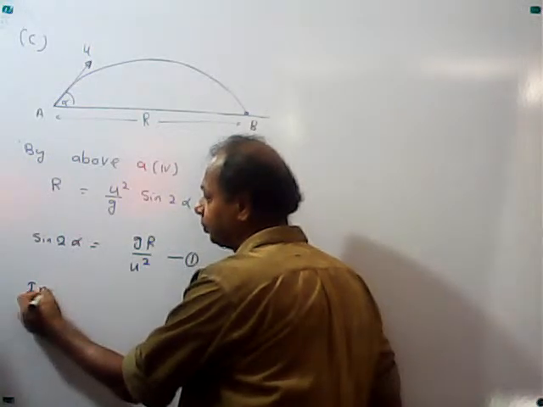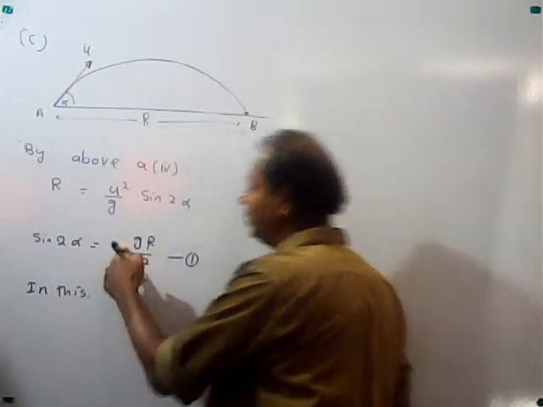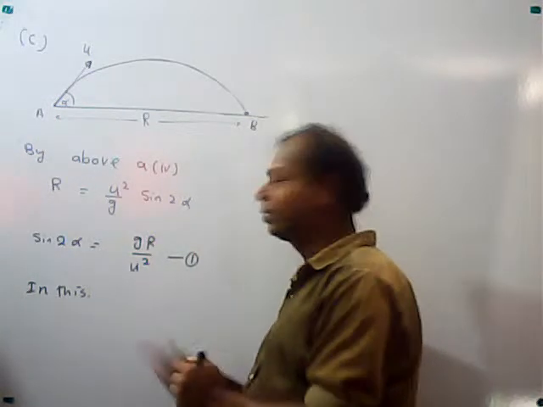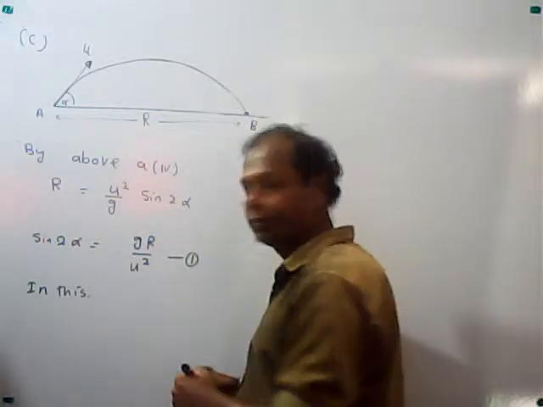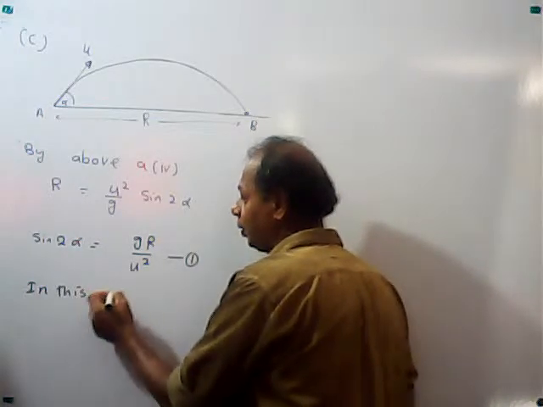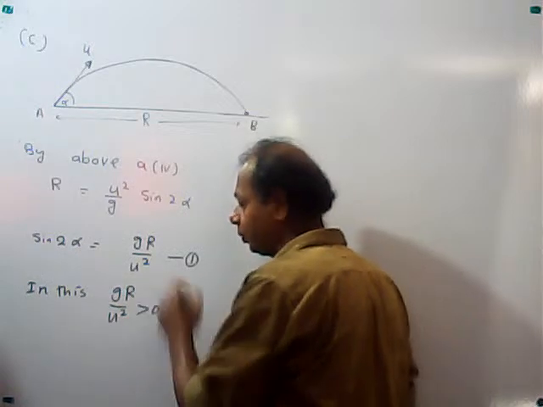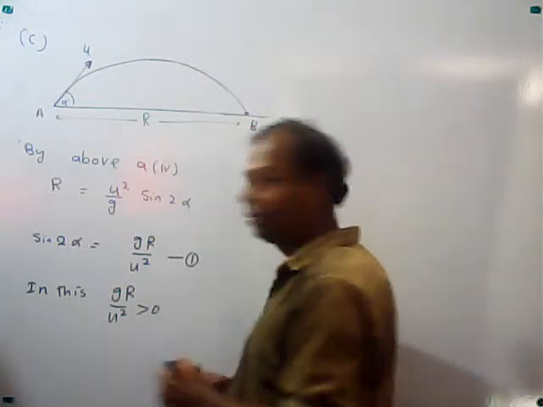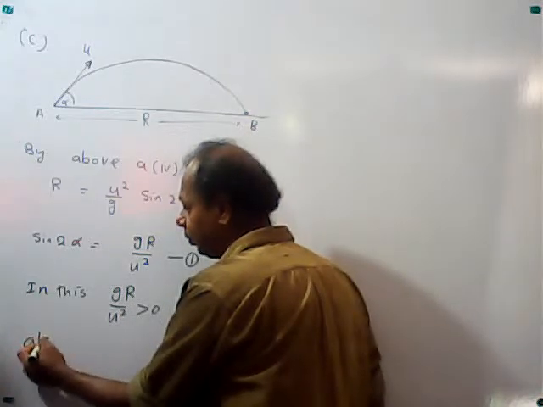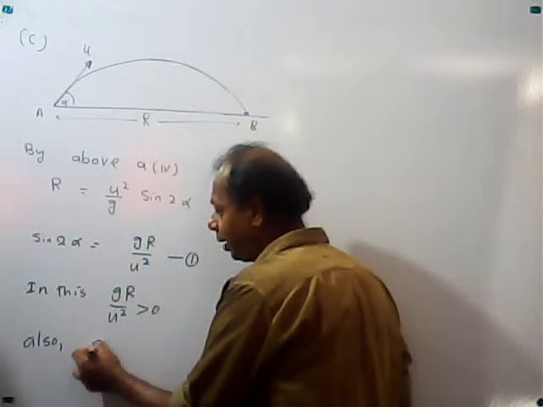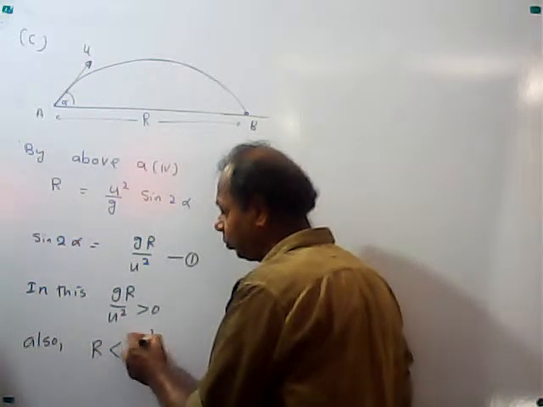Now look at the right hand side, g r over u square. In this g r u square, everything is positive. So as a whole, this is positive. G r over u square, definitely positive, right? And moreover, in the question you are given r is less than u square over g.